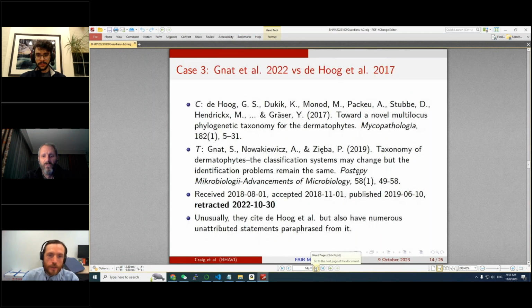So now, next example, Nat et al., which plagiarized from De Hoog here, is pretty similar actually. It's another example of very obvious plagiarism. They're both talking about the classification systems for dermatophytes, something relevant to skin development.